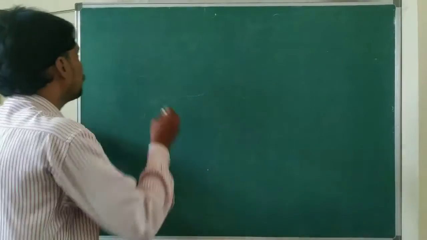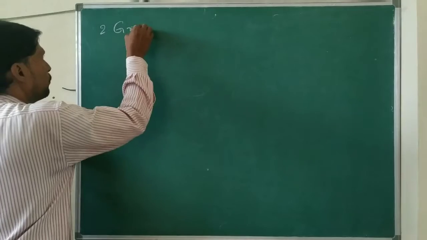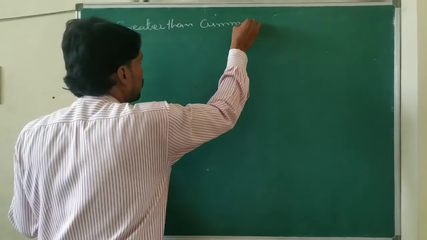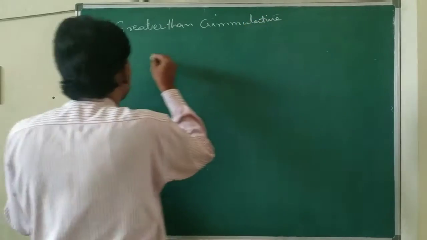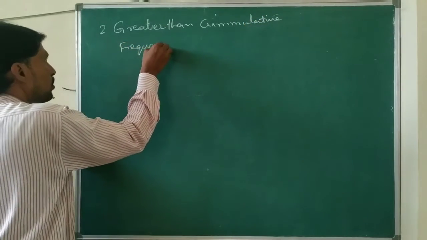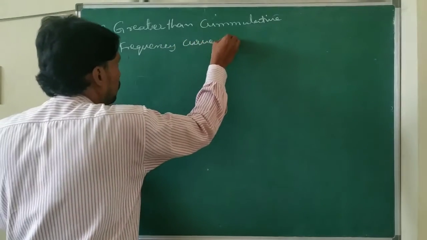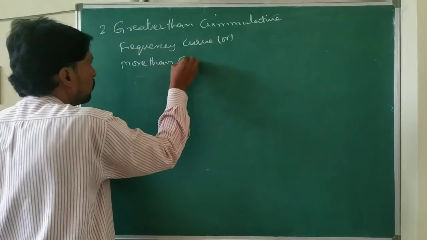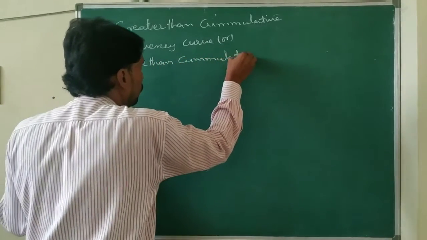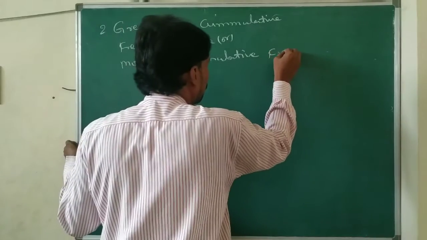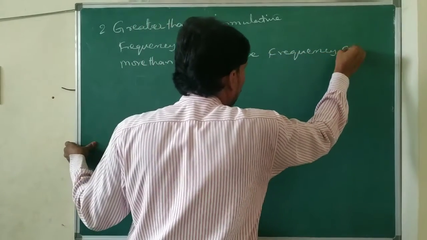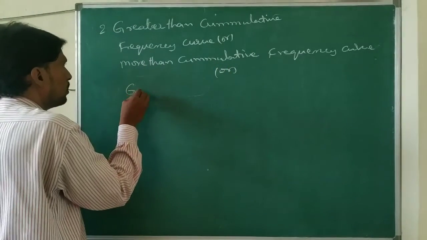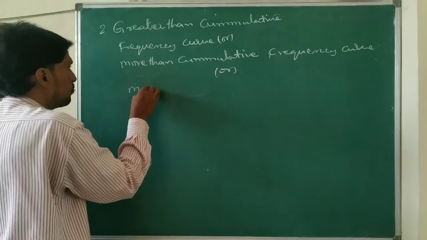Now the second one is the greater than cumulative frequency curve, or more than cumulative frequency curve, or more than ogive curve.